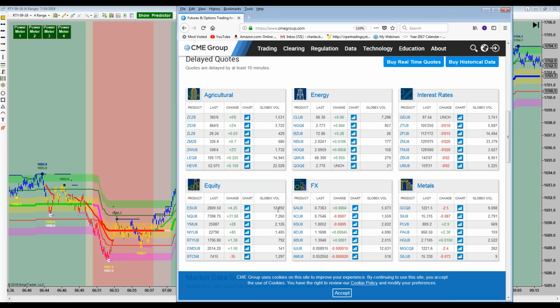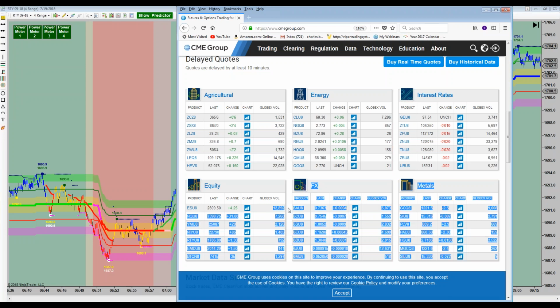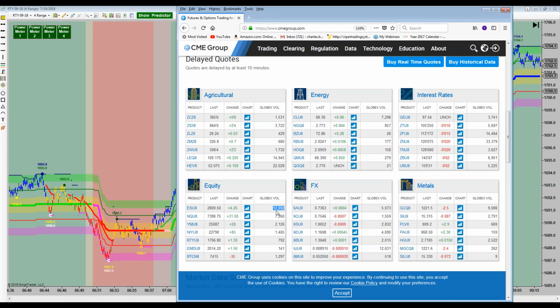Now, this is kind of a microcosm of how this really works. Can you see that there's 13,000 contracts over the past couple hours since they reopened the market? Now, let's take a look at EMD and Russell. Here's Russell right here. During the day, go in there after the market's been open for an hour or two and take a look at this. This is probably going to be somewhere in the neighborhood of 500,000 to 800,000. This trades anywhere from 1 million, 1.5 million, 2 million contracts a day.